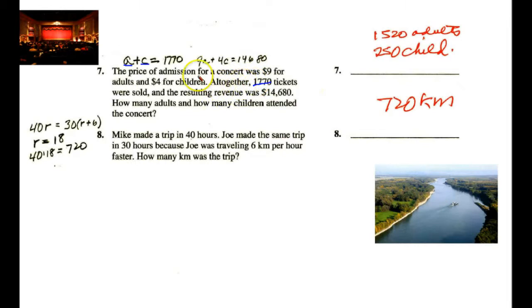Now, what was the cost of an adult ticket? Well, $9. So we get 9A. And children's tickets, $4. We get 4C. And that equals $14,680.